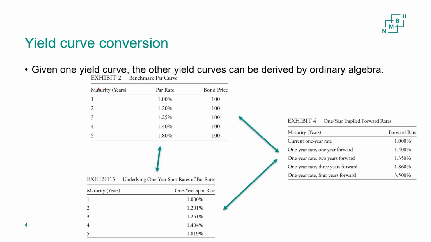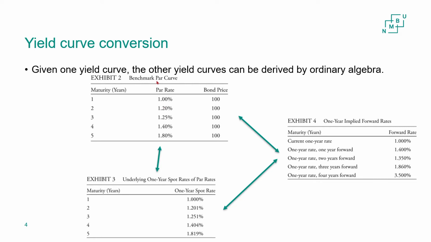For example, if you have the par curve, then you can easily find the spot rates or the forward rates. Or if you have either one of the other rates, you can find the 2 other rates. Okay? So, but what's important is how do you use and when do you use these curves?